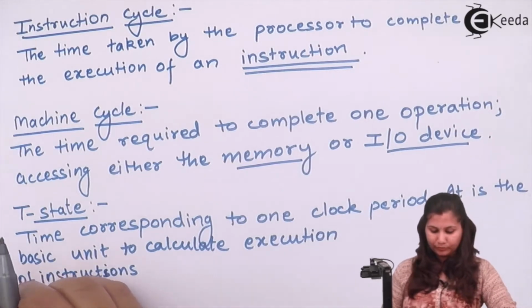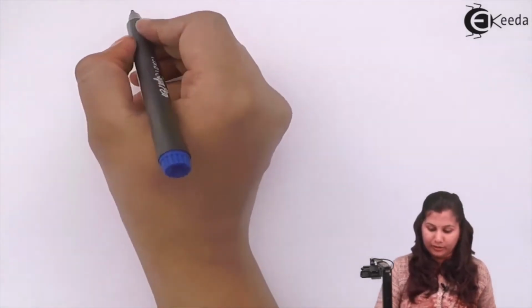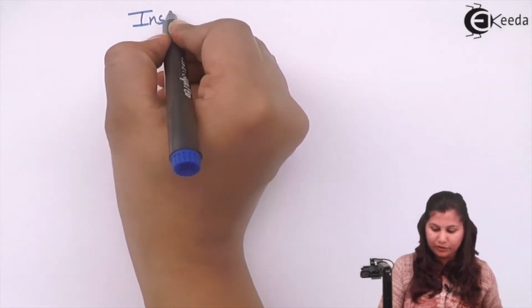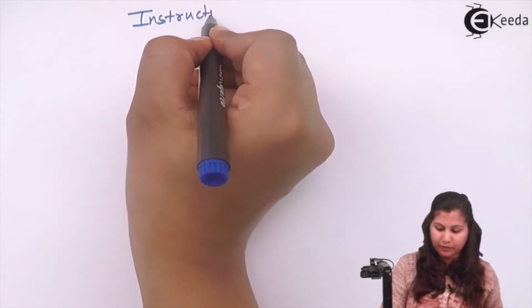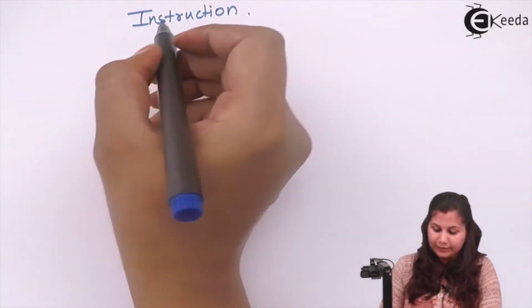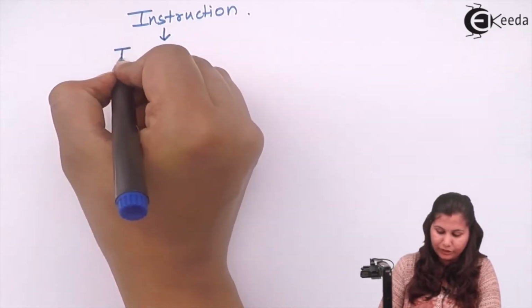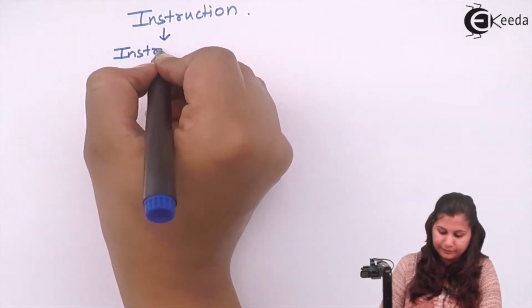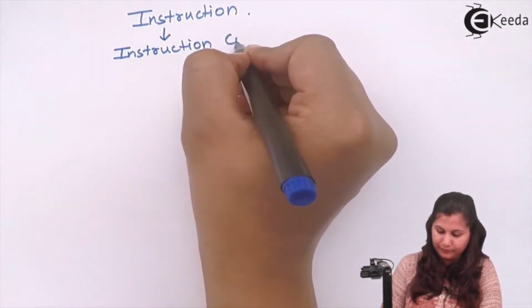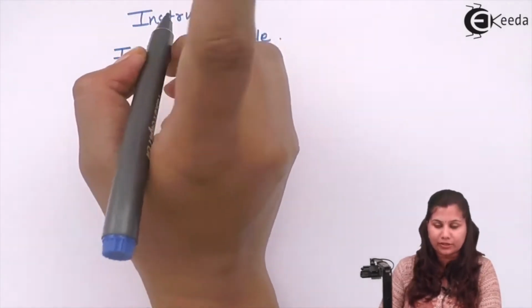Now the complete execution of an instruction, this is an instruction which we have written in the program of the microprocessor, first comprises the instruction cycle, the time required to complete the execution of one instruction.